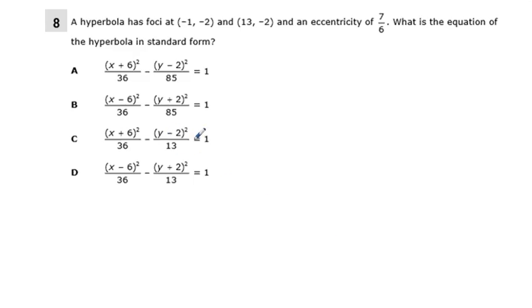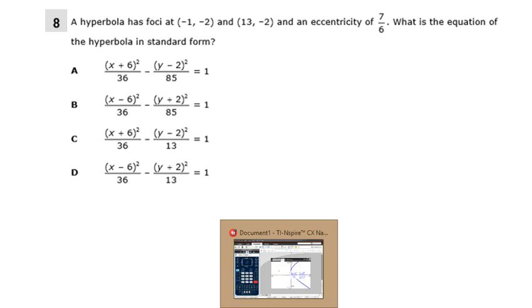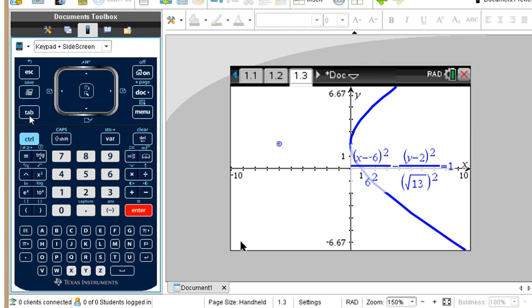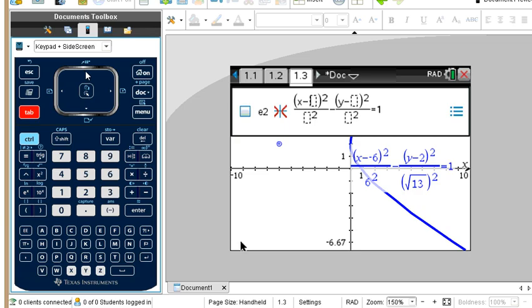hyperbola, and let's try choice D. And we're just going to switch the signs here for the -6 and +2. So we go here again and tab up to that equation.